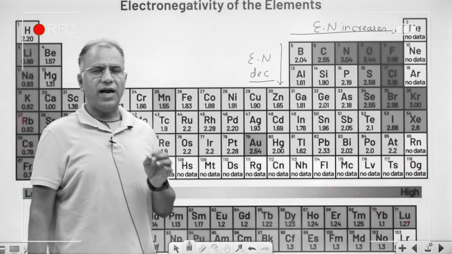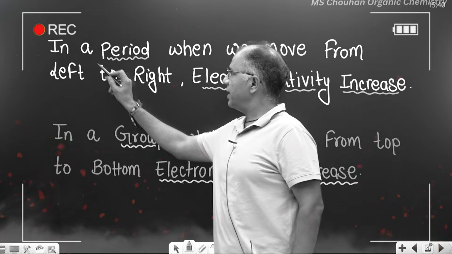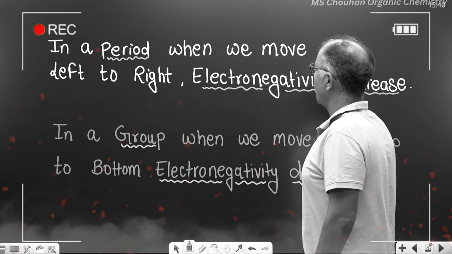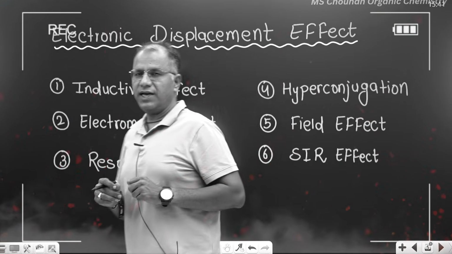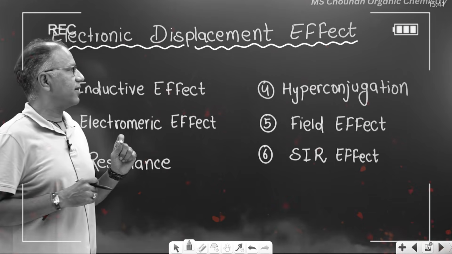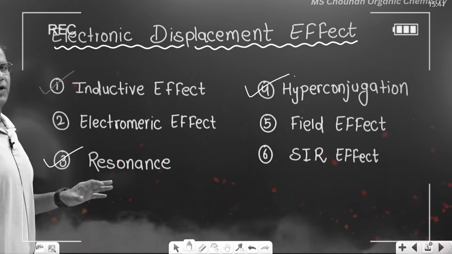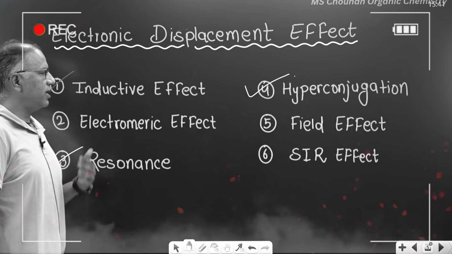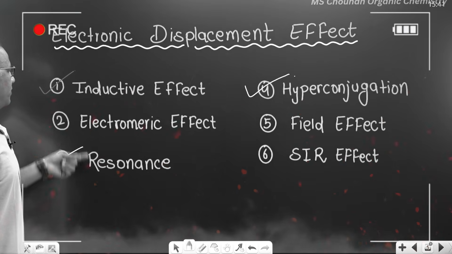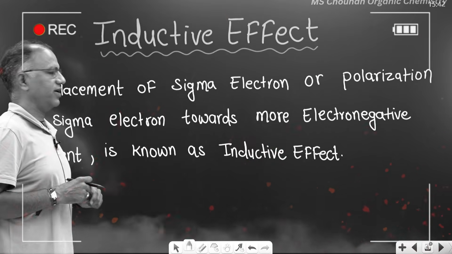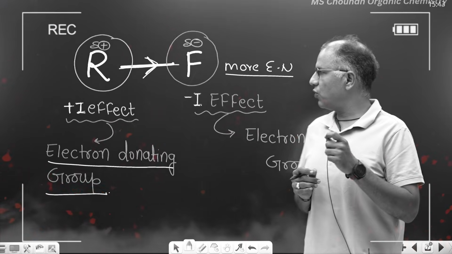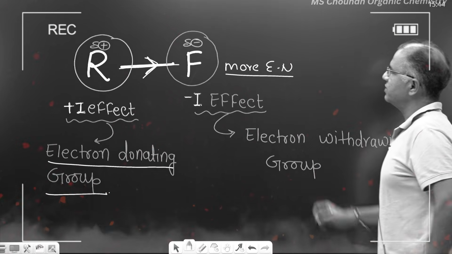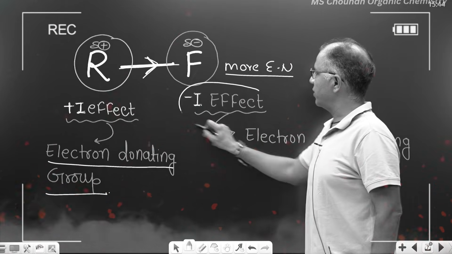So first of all, write in your notes GOC in a period when we move from left to right. I already explained you. Now first of all, we will study electronic displacement effect. These are the three main effects which we have to study in detail so that the organic chemistry will become easy for you. So what is the definition of inductive effect? As we know that this is R means, and which group will show inductive effect? Fluorine is more electronegative, therefore it is showing -I.